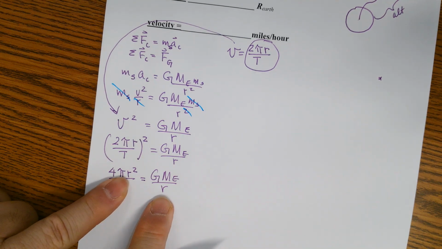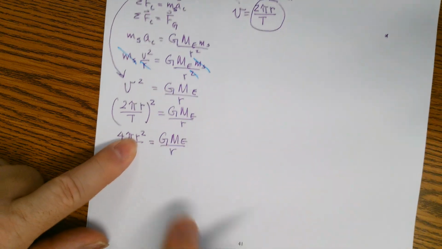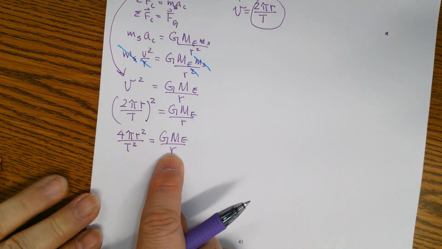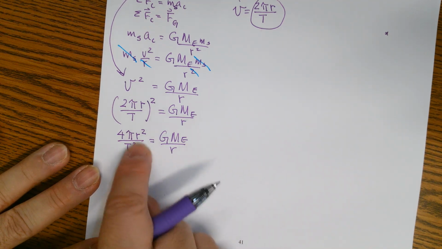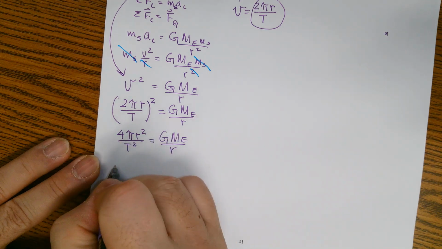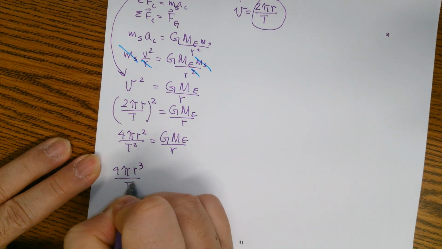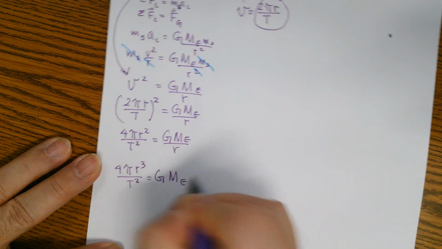Don't cancel these two r's. You can't. Common mistake I see every year is that people cancel one of the r's here and one of the r's there. No. If you multiply both sides by r, this gets canceled, but this becomes r cubed. Right? So 4 pi squared r cubed over the period squared is equal to G times the mass of the Earth.